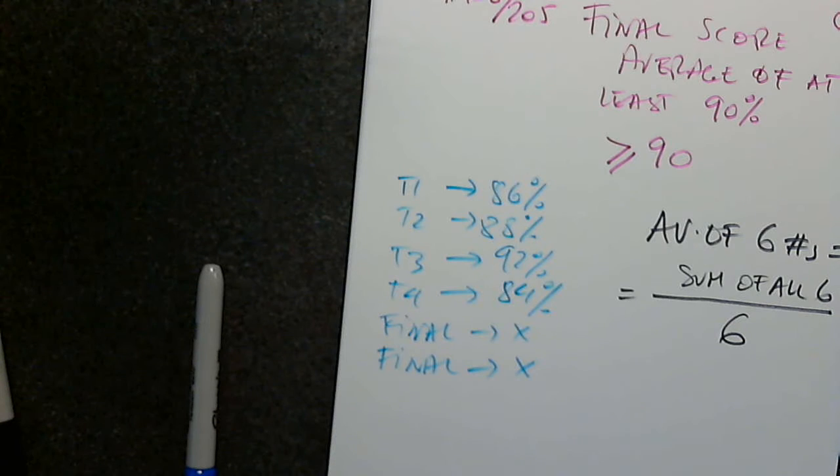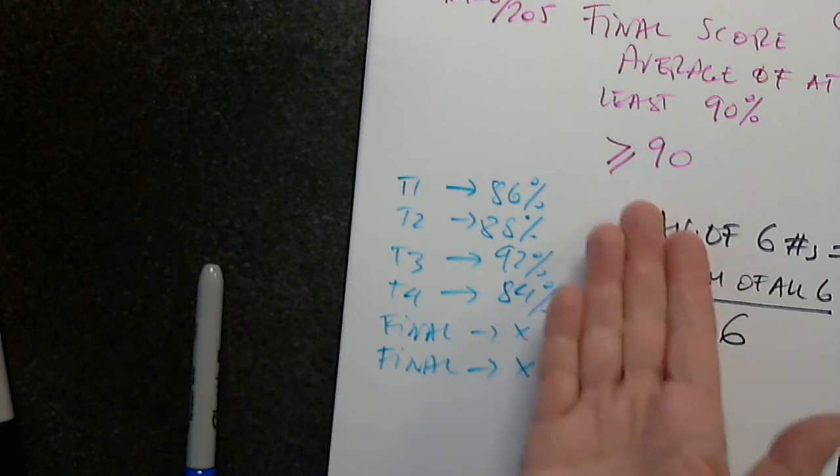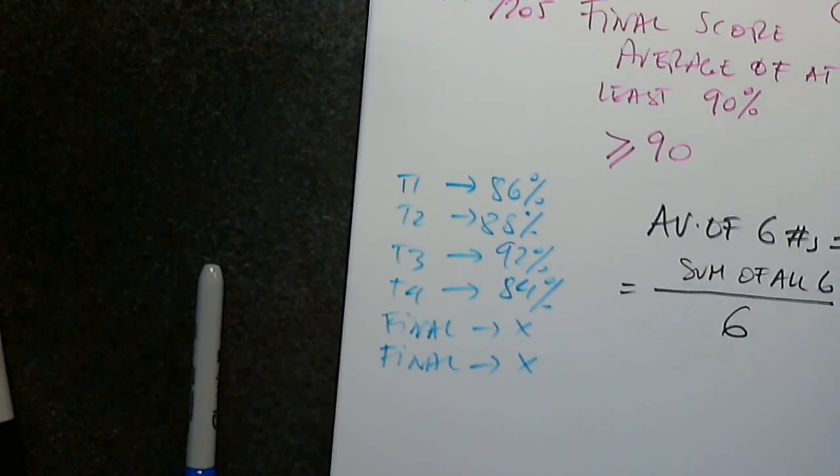The average of 2 numbers, we add up those 2 numbers and divide by 2. The average of 10 numbers, we add up 10 numbers and divide by 10. Perfect. Okay, so let's do that. And the average has to be greater than or equal to 90%.